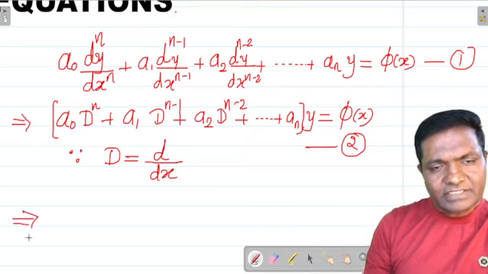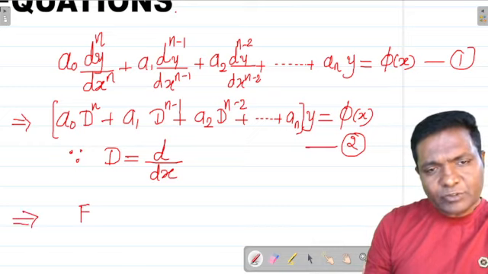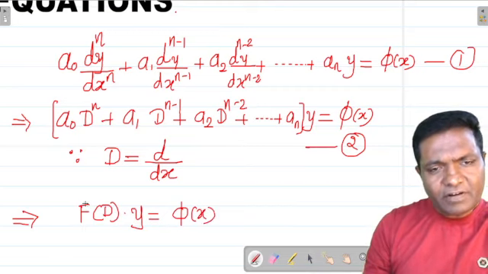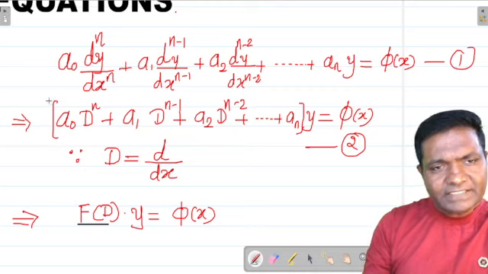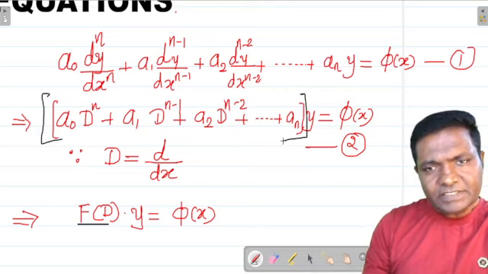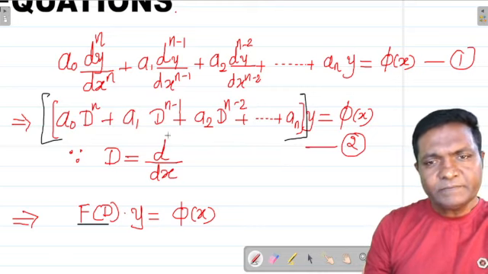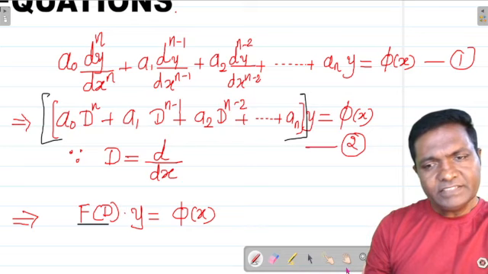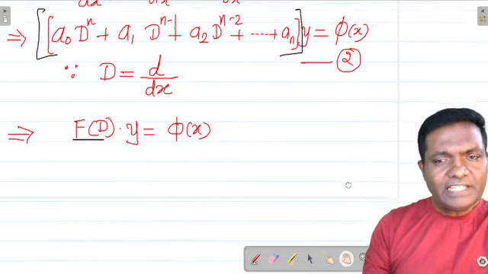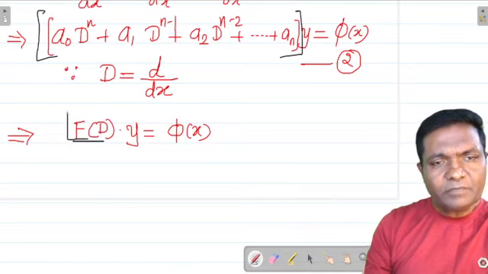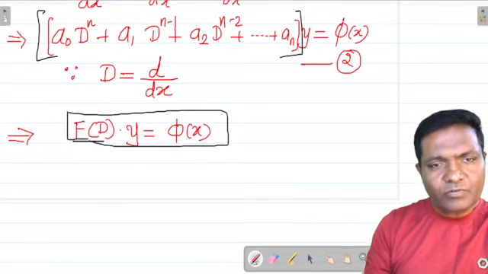In short, linear differential equations can also be written in the form f of D into y equals phi of x, where this f of D stands for the coefficient of y expression. This expression is called f of D. So linear differential equations will be in general in the form f of D into y is equal to phi of x.